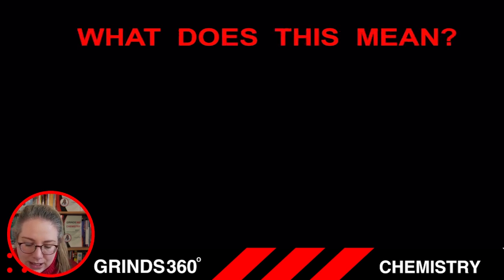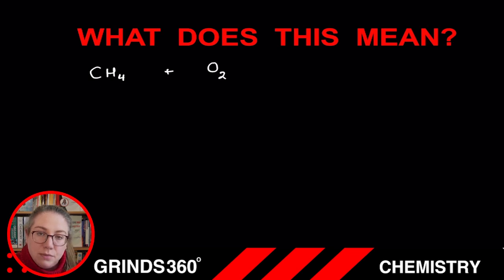So what does that actually mean? If we take something that is combusting, say for example a hydrocarbon, or if I was to take methane, which is CH4, and react it in excess oxygen, which is O2, that ensures that all of your hydrocarbon burns to form carbon dioxide plus water.